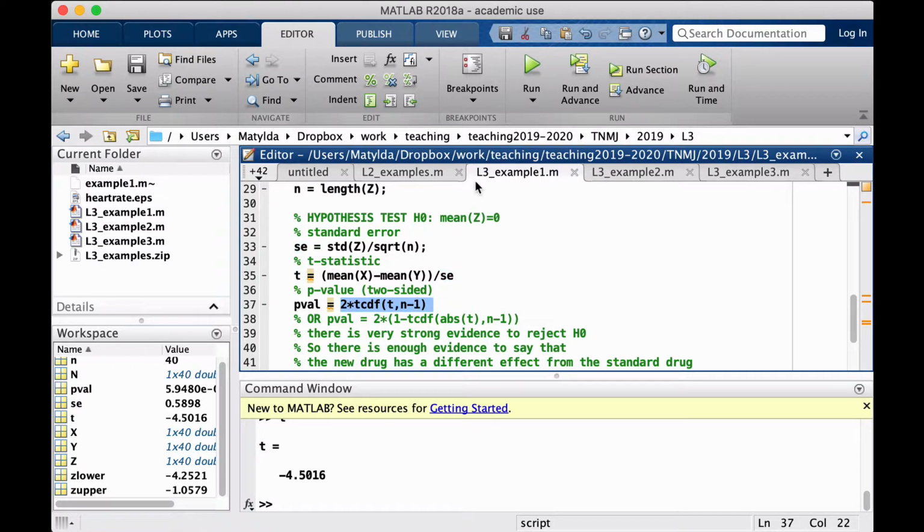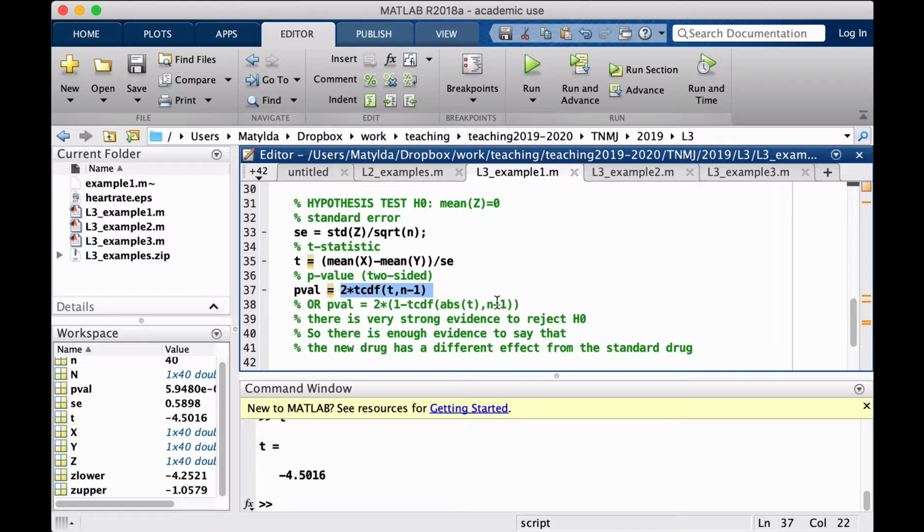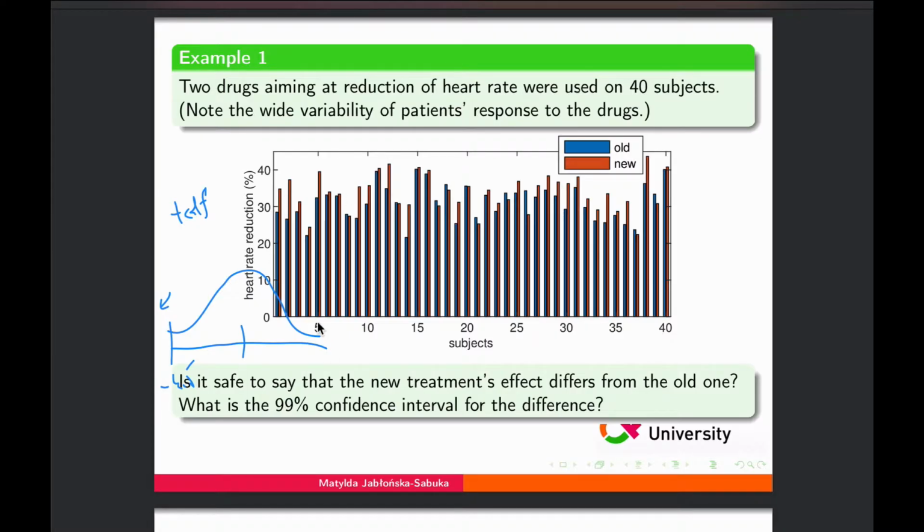Alternatively, if you want to have code which works universally for any calculated t statistic, what you can do is use the absolute value. So in this case, it would be 1 minus the t-CDF of the absolute value of our t. So if you don't want to check first whether your t is positive or negative, just use the absolute value in the formula here. And so that means that you will always be on the right-hand side.